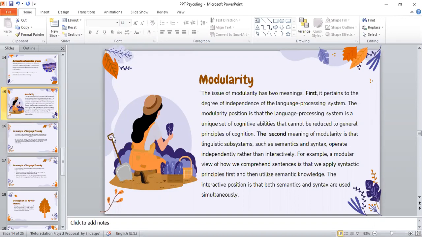The second meaning of modularity is that linguistic subsystems, such as semantics and syntax, operate independently rather than interactively. For example, a modular view of how we comprehend sentences is that we apply syntactic principles first and then utilize semantic knowledge. The interactive position is that both semantics and syntax are used simultaneously.